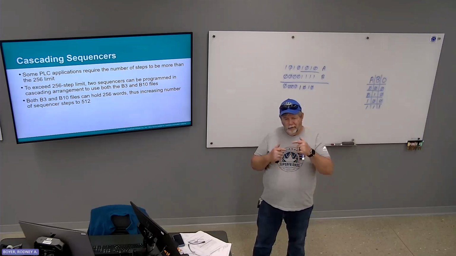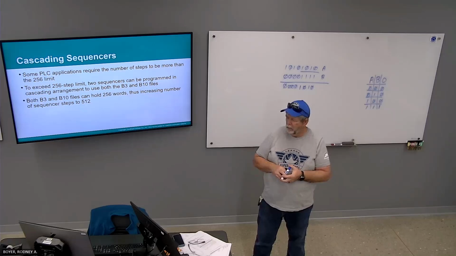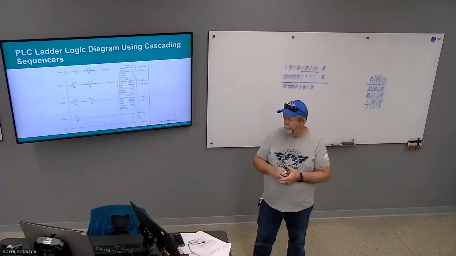When the first one gets done with its 256 steps, the done bit will set, which will enable the second one so they can continue to step through. That would effectively double it. Yeah, it's cascading.